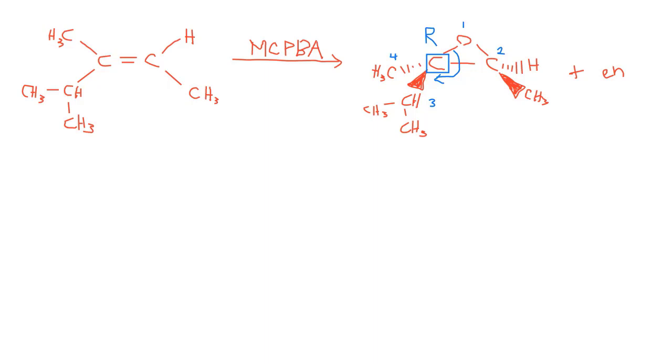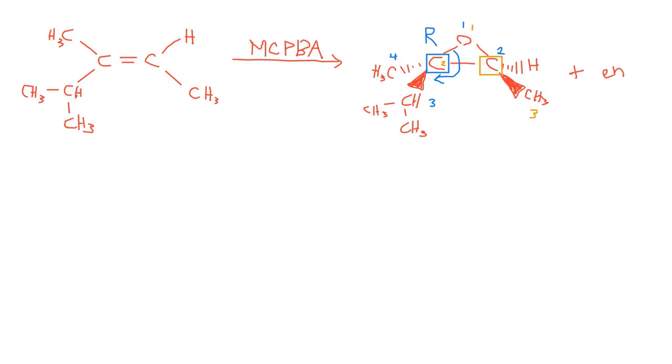For the other one, and I'll use orange, my number 1 priority group is once again going to be the oxygen. Number 2 is going to be this carbon over here. Number 3 is going to be the CH3.